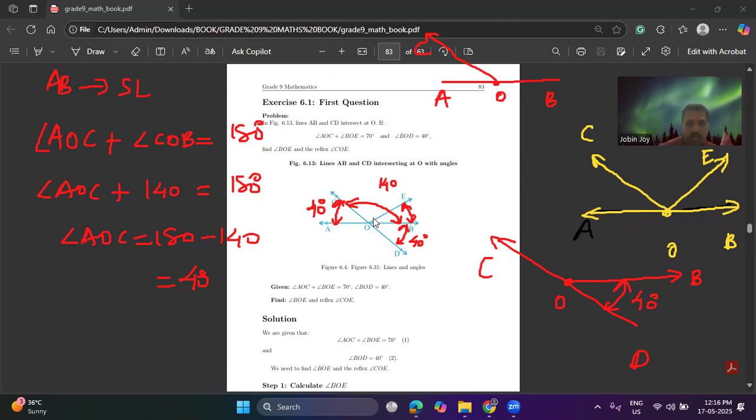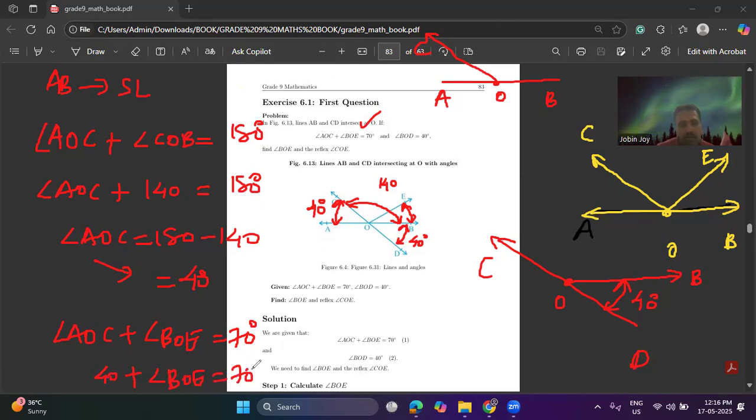In the problem it is given that angle AOC plus angle BOE equal to 70 degree, right? Angle AOC we calculated, so 40 plus angle BOE is equal to 70 degree.